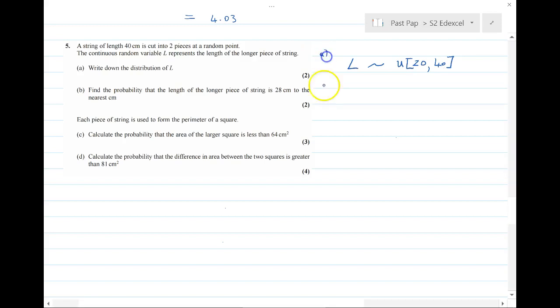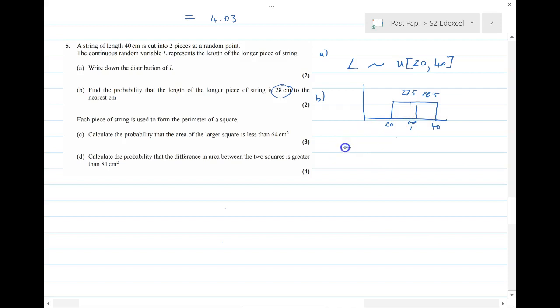That's nice. Part B. Find the probability the length of the bit is 28 centimeters to the nearest centimeter. Well, if you drew the PDF for this, it's going between 20 and 40. But if it's 28 to the nearest centimeter, that basically means the length is going to be between 27.5 and 28.5. So effectively this is going to be 1, the width of that, compared to 20.